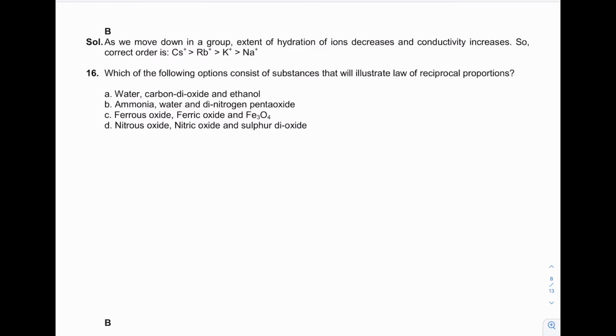Next is: which of the following options will illustrate the law of reciprocal proportion? For reciprocal proportion, there must be three different elements. So in ammonia, nitrogen and hydrogen; in water, hydrogen and oxygen; and in dinitrogen pentoxide, nitrogen and oxygen. So basically there are three elements: nitrogen, oxygen, and hydrogen.